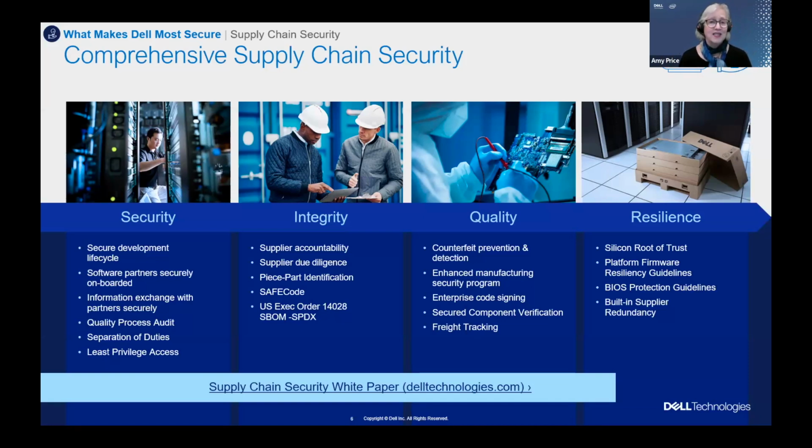That level of formality is something that not everyone would do, but we're super keen on doing that. So security, integrity through supplier accountability and due diligence. And by the way, we do a fair number of audits beyond what any other OEM in the market does, based on some other market stats that we've seen.